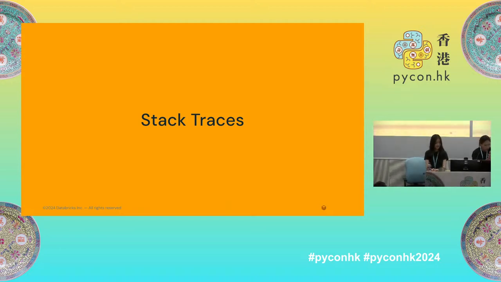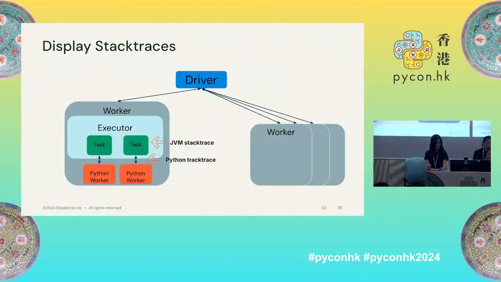Let's talk about another one related to the stack trace. Ideally, we should have two stack traces, one from the JVM and one from Python, right? Because as Allison mentioned, the executor is a JVM process, and to run the Python UDF you have to launch a Python process. So let's say an exception happens within your UDF, then there should be two stack traces, one from the Python process and one from the JVM.